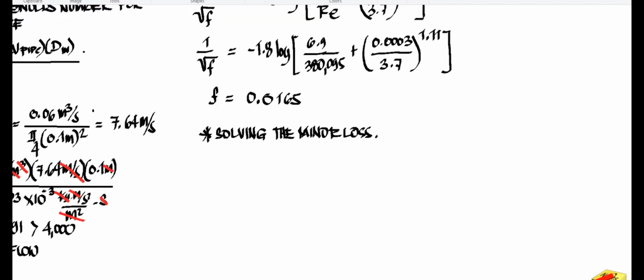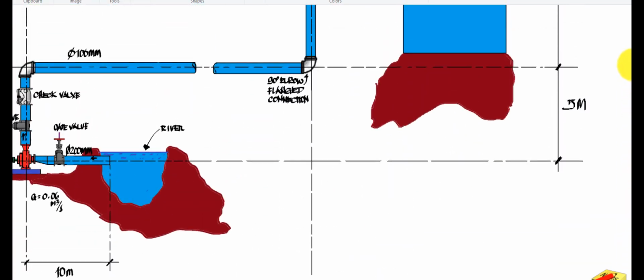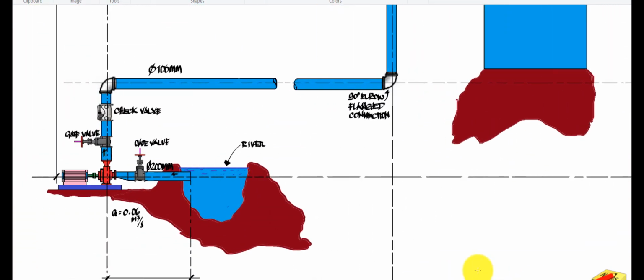Now, solving for the minor loss, we have your HL, which is equal to K times the velocity squared divided by 2 times the gravity. The difference is, referring to the figure here, we have different velocity starting from the suction, since we have different diameter of pipe from the discharge, so 200 mm.